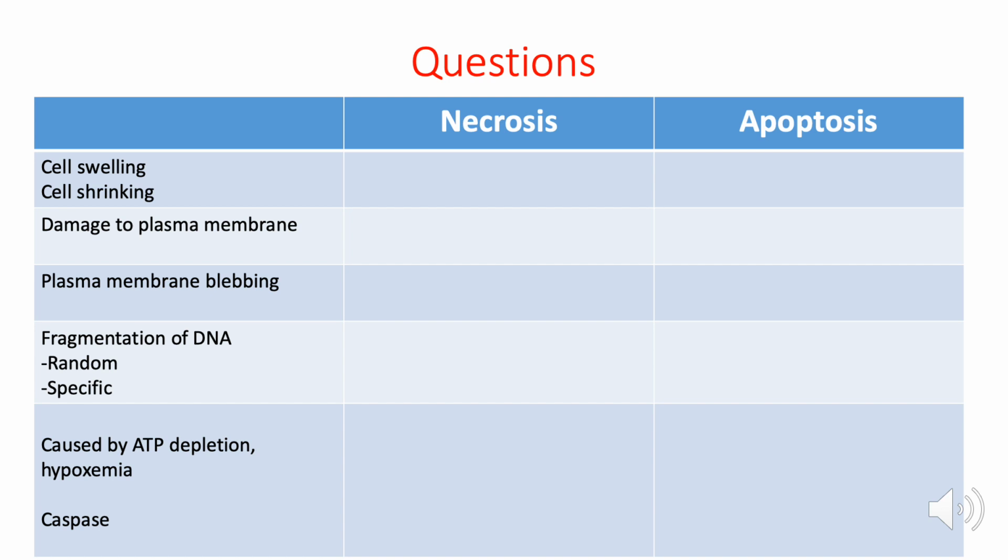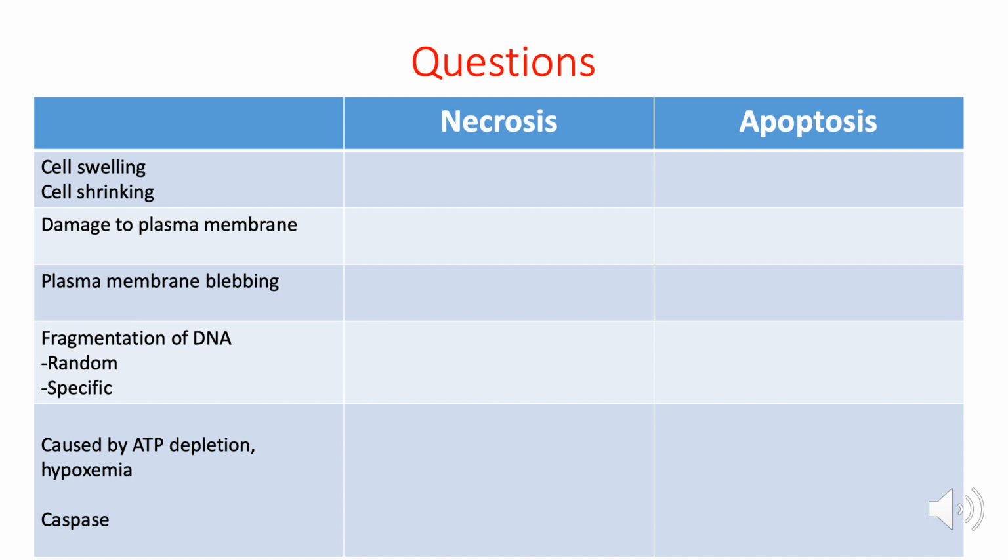Now, which among them is characterized by the damage to the plasma membrane brought about by the injurious stimuli? Yeah, that's necrosis. Which among them is characterized by the formation of blebbing in the plasma membrane? That is the apoptosis, leading to what? The formation of apoptotic bodies later on.